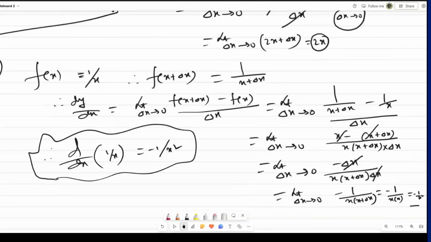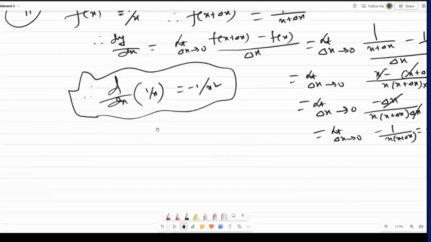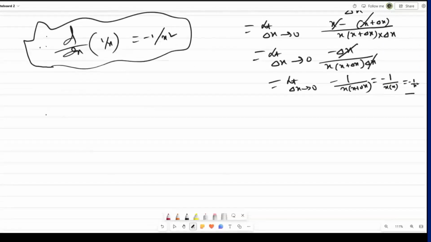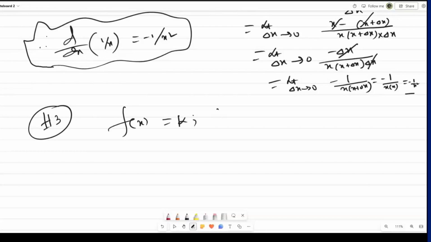Think about the derivative of a constant. f(x) equal to 3. The meaning of constant is required for that. Constant means it is an invariant quantity. Its value never changes. So if we are going to do it for a constant, number 3, you have to say f(x) equals k, and f of x plus delta x is also k.